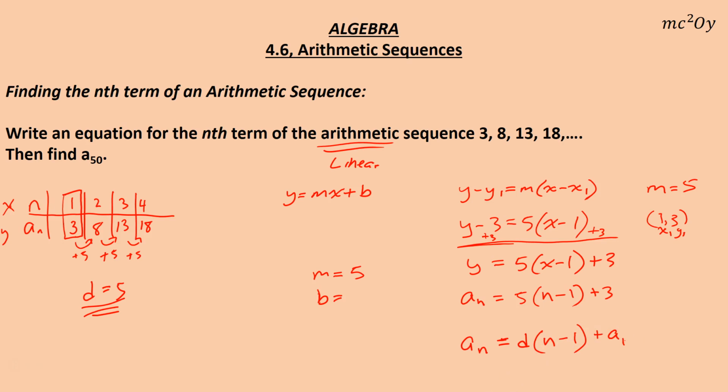The general form of the explicit formula is a sub n equals a sub 1. So they put the a sub 1 out in front. When I say they, I mean the math people of the world. They put a sub 1 out in front, plus n minus 1.